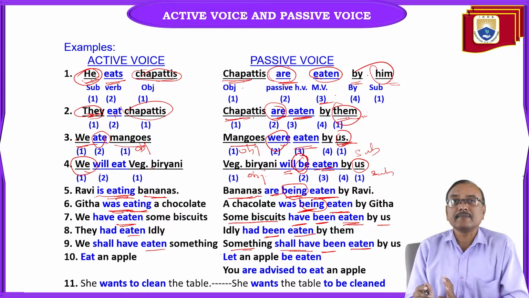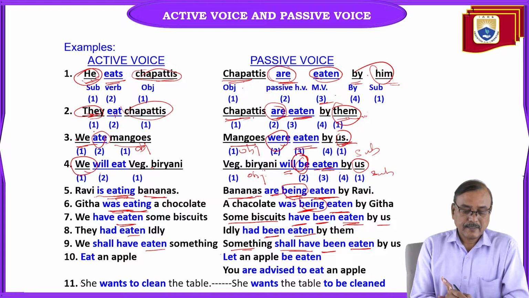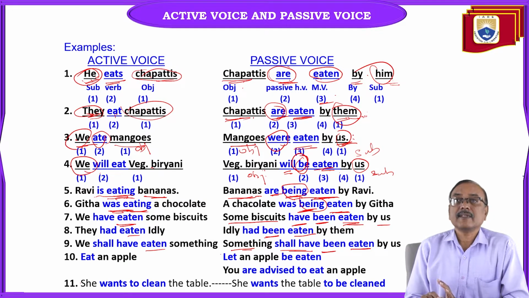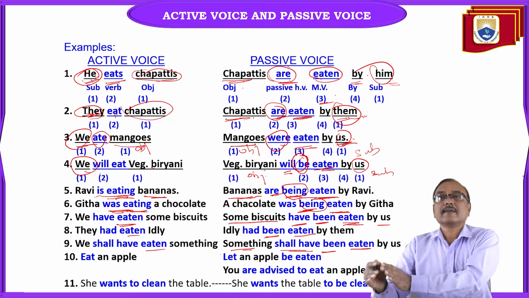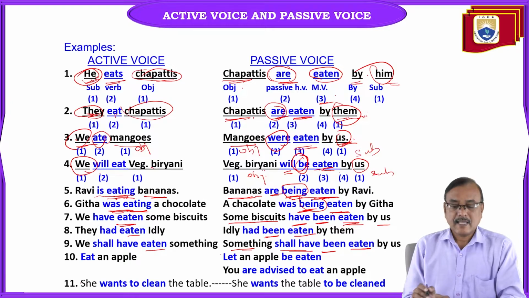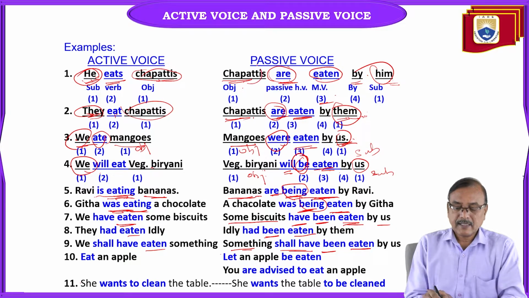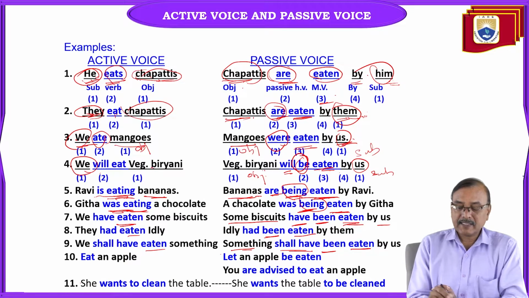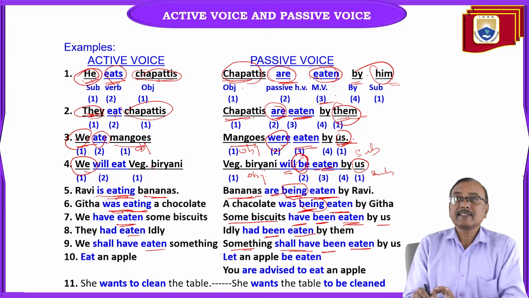He becomes him, they becomes them, we becomes us. Is it clear? She becomes her. Subject is coming into the object place with a change in its case. It is coming to the object place in the sentence, and the object is coming to the subject place in the beginning.